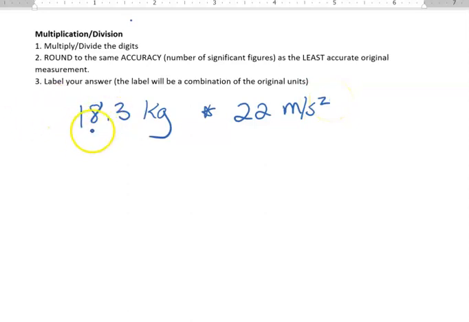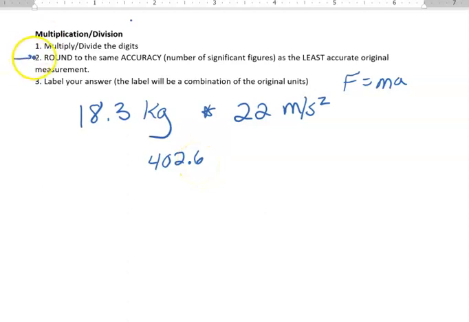Using Newton's second law, which you don't have to know, force is equal to mass times acceleration. So I take my mass, I multiply it by my acceleration. I would type that into my calculator just like normal, multiply them together, and I get 402.6 is what my calculator value is.